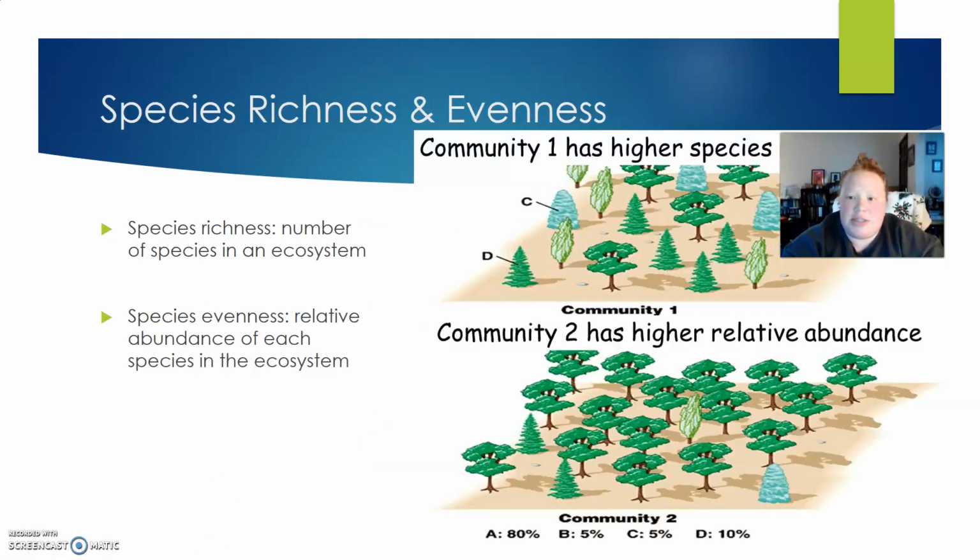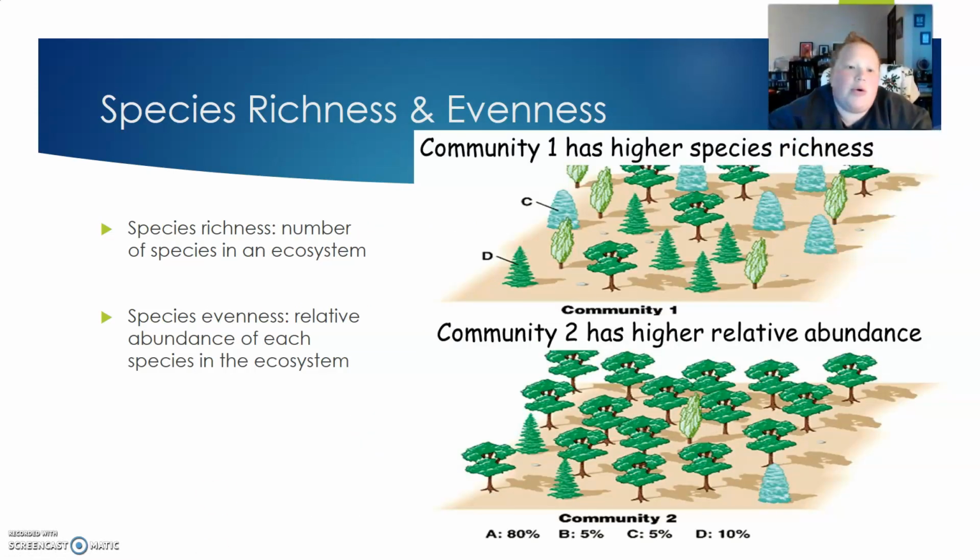Okay, species richness and evenness. With species richness, this is the number of species in an ecosystem. So that's like your little N, the number of species in the ecosystem. And then evenness is the relative abundance.